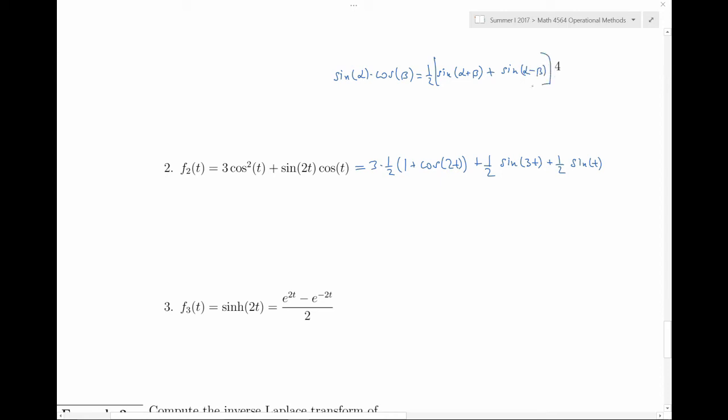So applying this formula gets me this sine of 3t and sine of t. Alright, now we can do the Laplace transform.